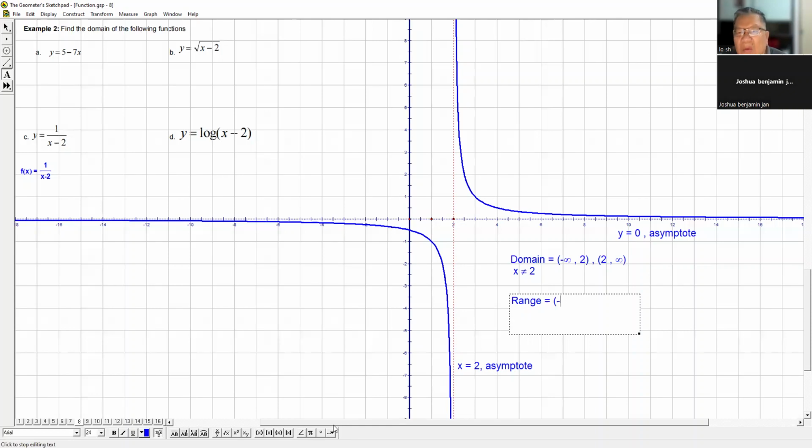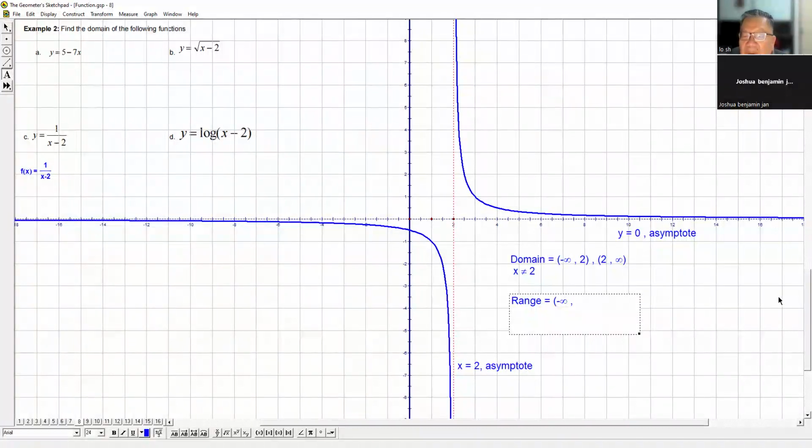No. So it starts from negative infinity until where? You go from negative infinity, they come up, up, up. Did they cross this line? Can they cross this line? No.